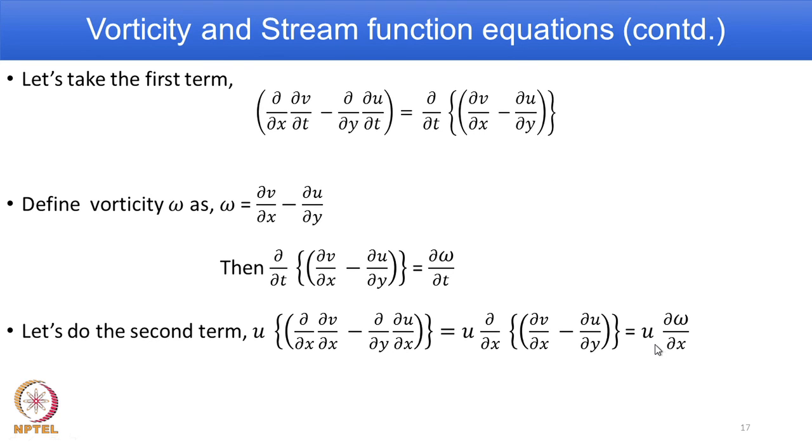So, you get u into ∂ω/∂x. So, as you can see here, this is the second term in the vorticity transport equation. We are going to repeat this procedure term by term to get a complete vorticity transport equation.